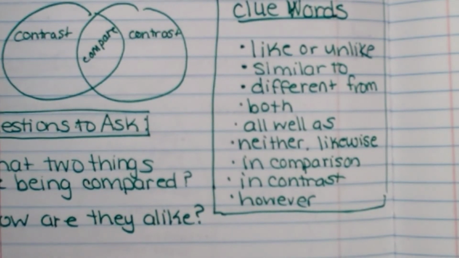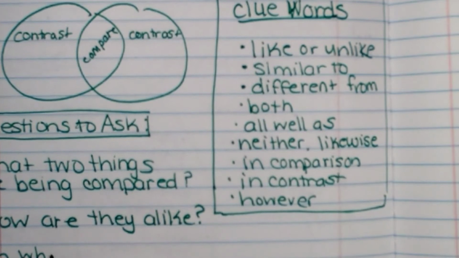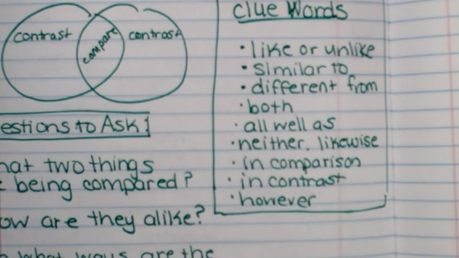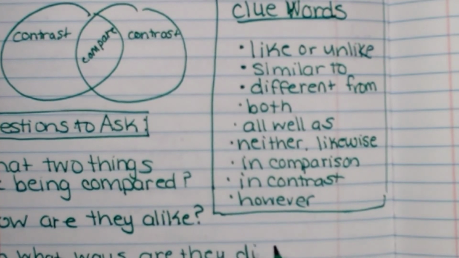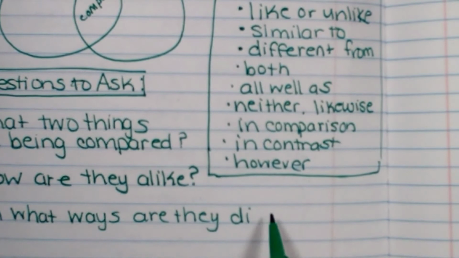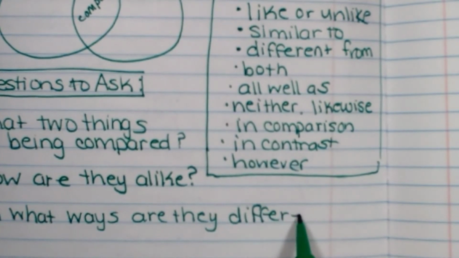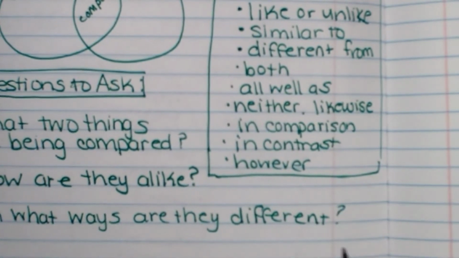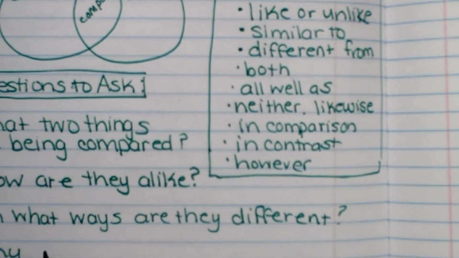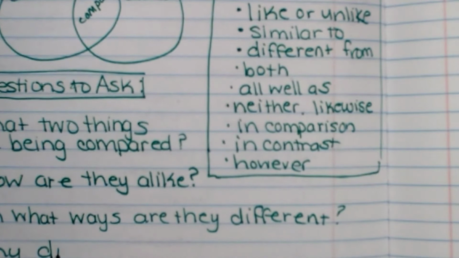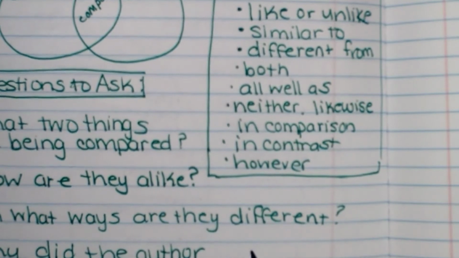In what ways are they different? And then a final question is, why did the author choose to compare and contrast those things? So these are all questions that I can ask myself and try to find the answer to in order to understand the text better.